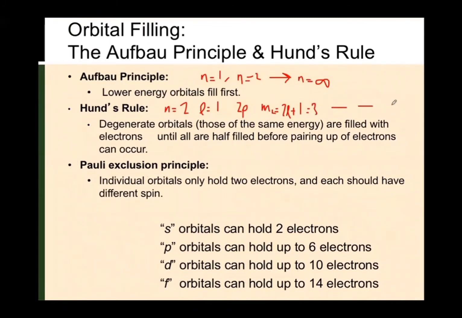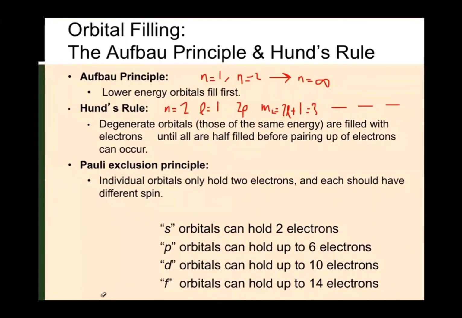Common way is just to draw them out as a line, like this. So say we were filling these, we would fill it as this: 1, 2, 3, 4, 5, 6, and so then we have filled in our p orbitals.